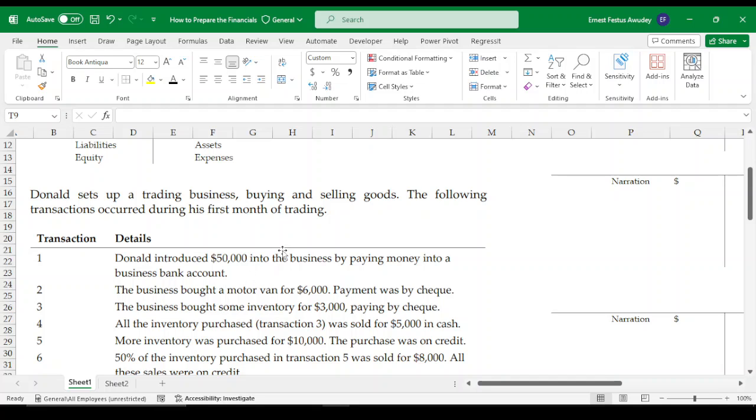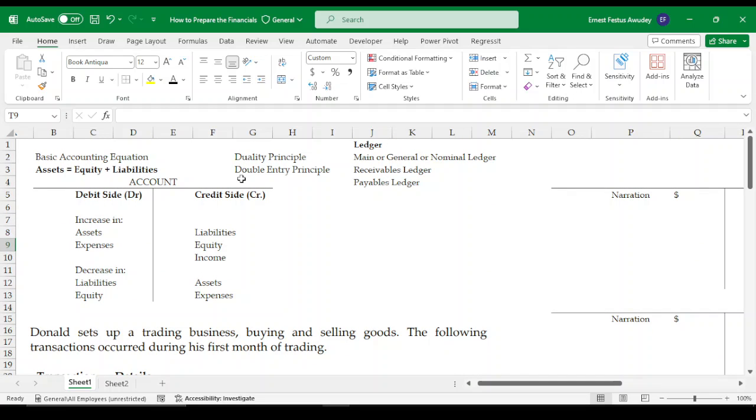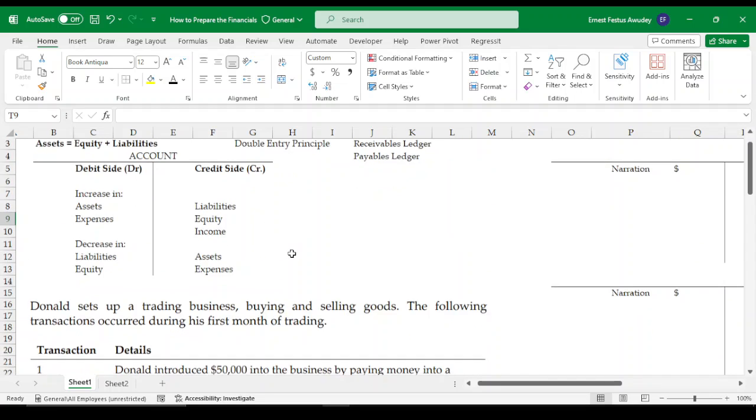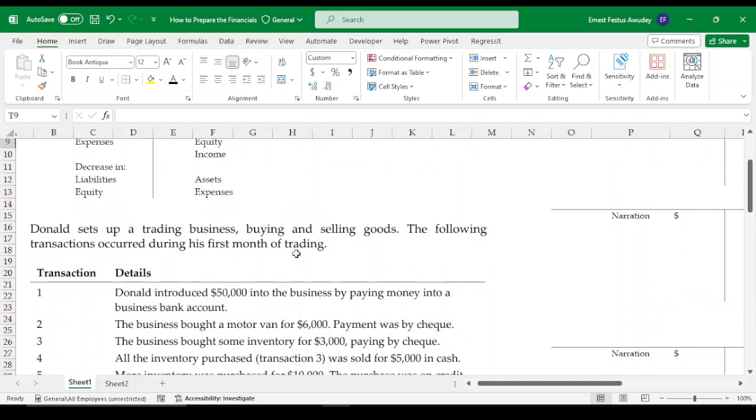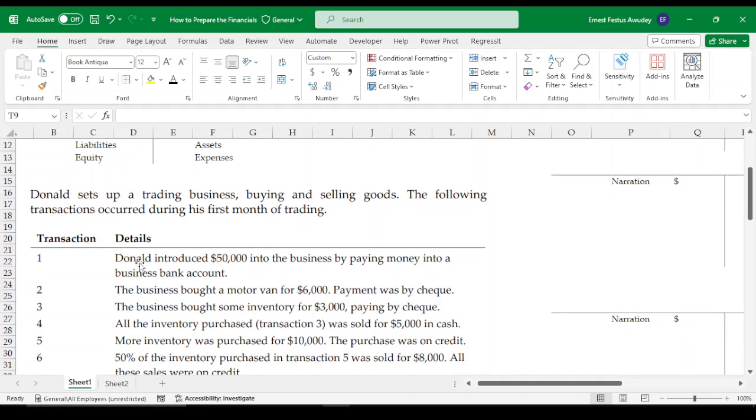All right. Now, going by the duality concept, every transaction has two sides. So if you read a transaction in accounting, you should know that it always affects two accounts. When you read a transaction, you should be able to analyze it and identify those two accounts being affected.